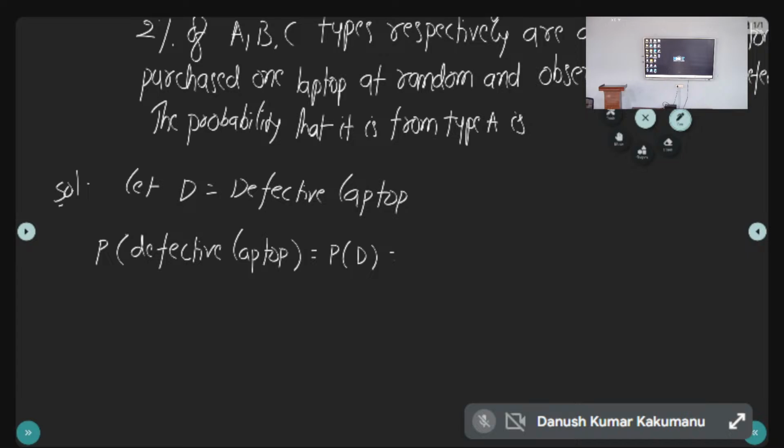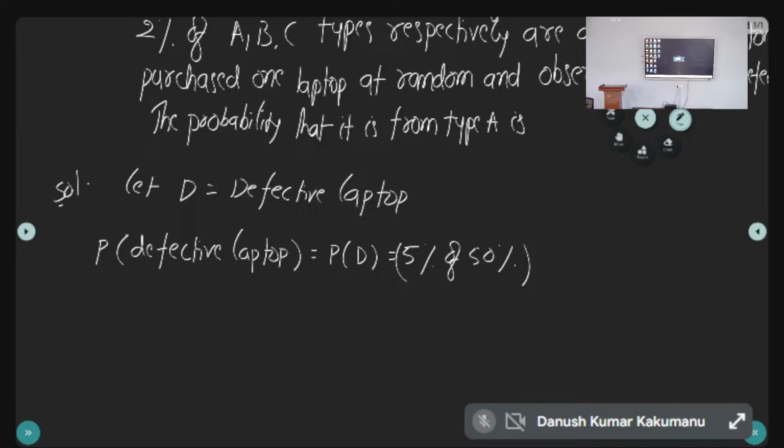Total production of type A is 50%. Among them, 5% are defective. The data is given like that only or not? So that is 5% of 50%. Any mistake in that? Clear or not?